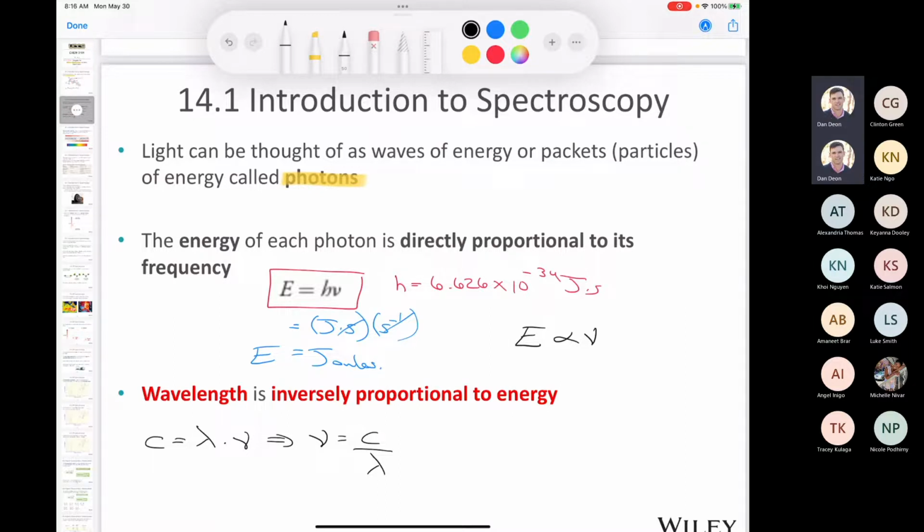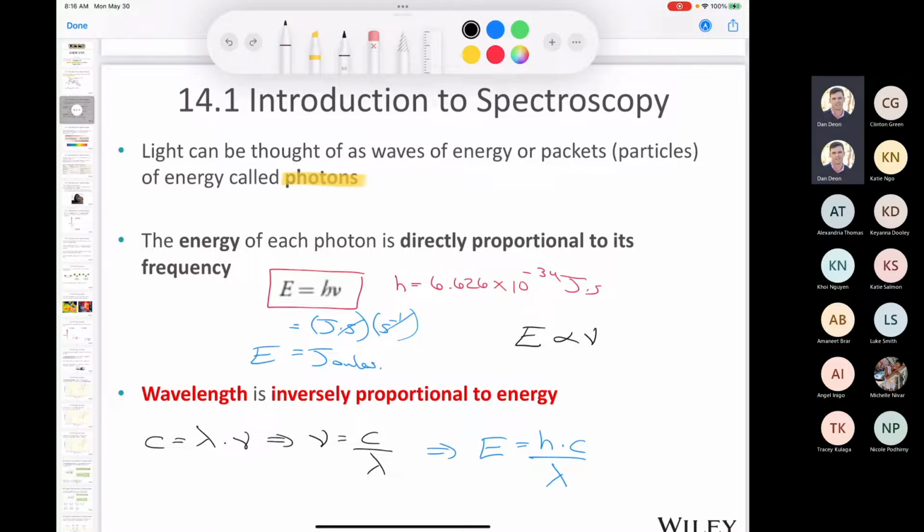Now we can take this formula and substitute the frequency into here. And what we end up with is energy is equal to h times c, the speed of light, divided by wavelength, and we can see that energy is inversely proportional to wavelength. So let's write that over here.